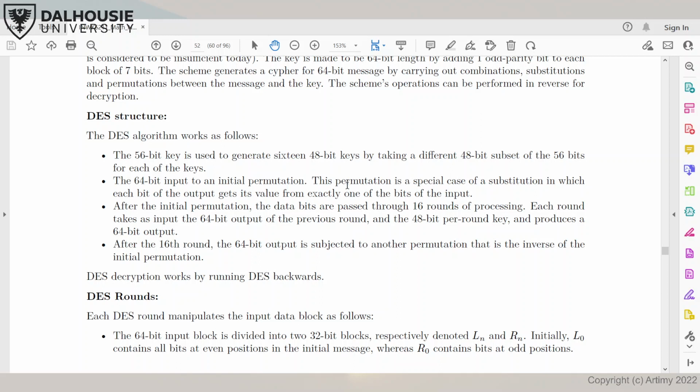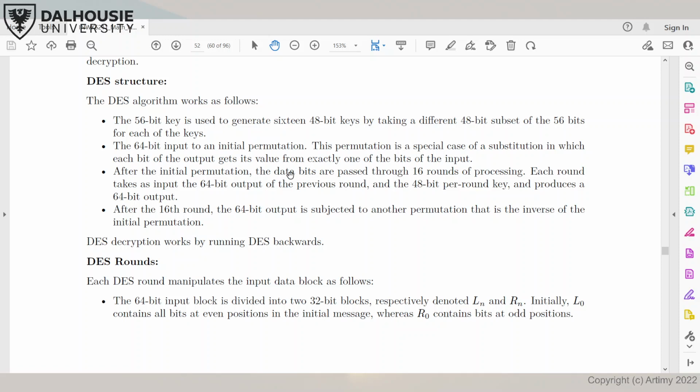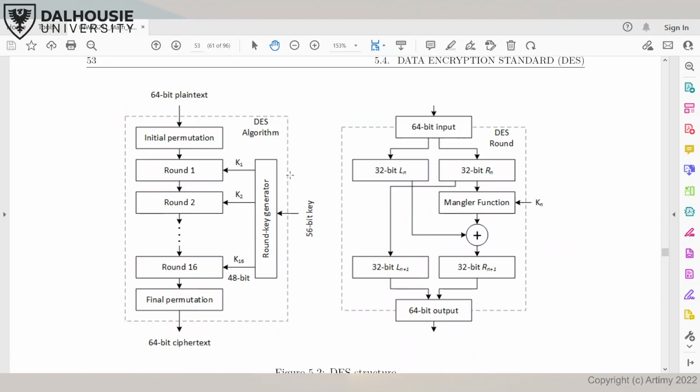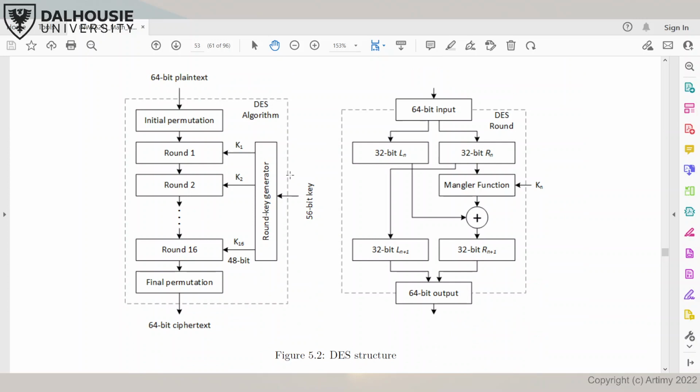Okay. So if we look at this diagram here, we see the general structure of the DES algorithm. We have the initial permutation, we have round 1, 2, 3, 4 up to 16, and we have the final permutation.